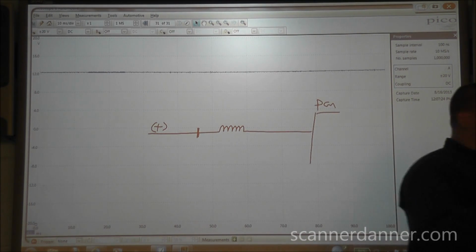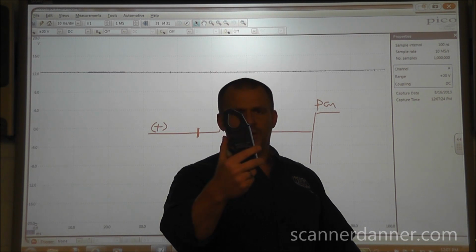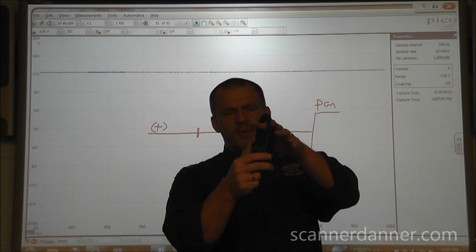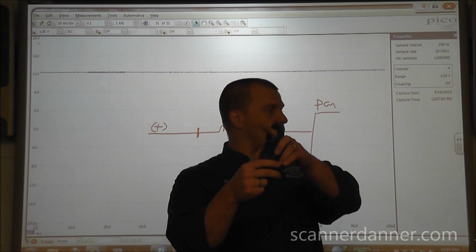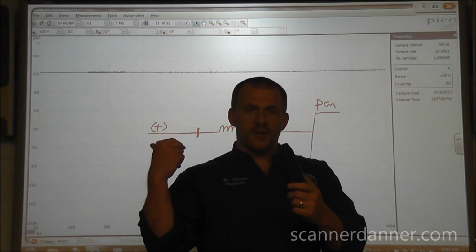This is actually my high amp probe. I have my low amp probe already connected, and I'll get you a shot of that on the car. So what this does is you clip this over a wire and it reads the magnetic field of that wire, and we can convert that to an electrical signal, put it into our scope, and that's what we're going to do.